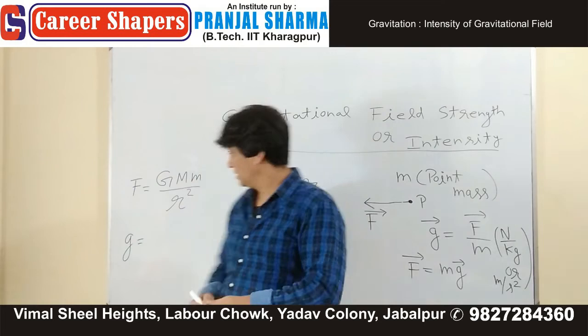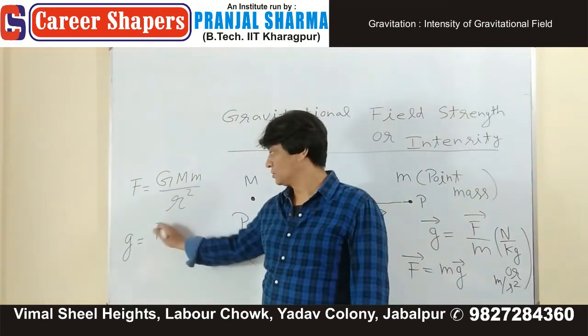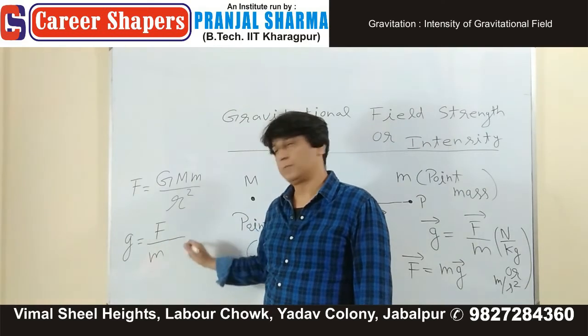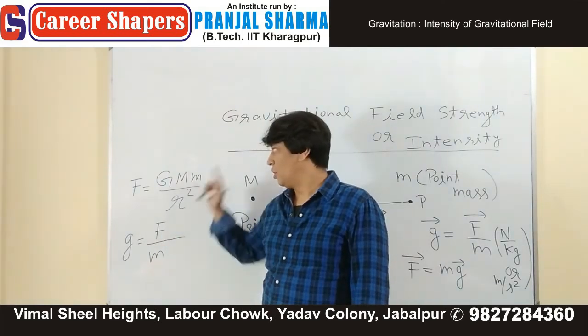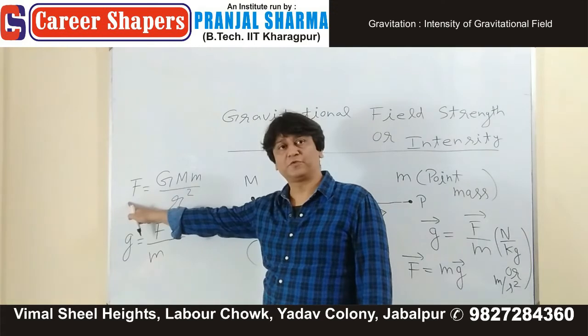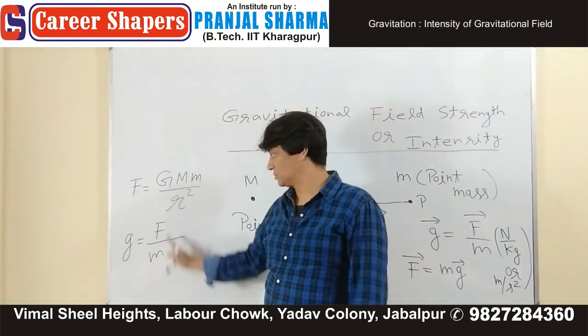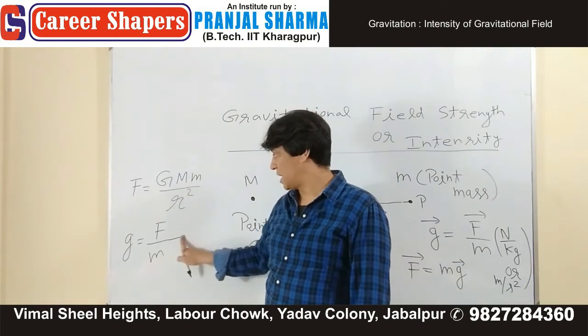So what is G? Force divided by m. On small m, this much is the force. And therefore on unit mass, what is the force? F by m. What is F by m coming?